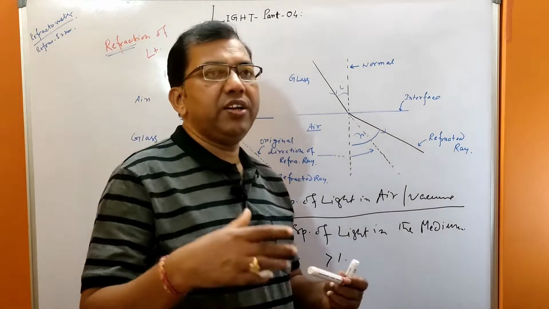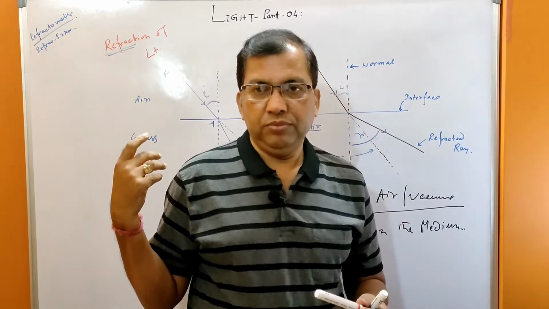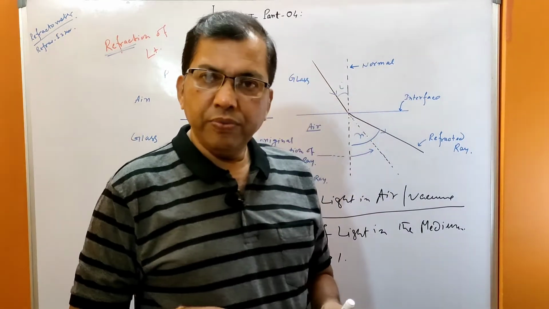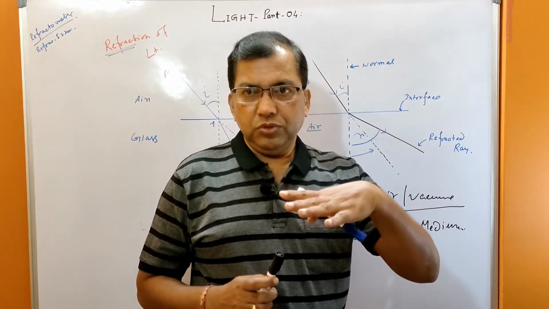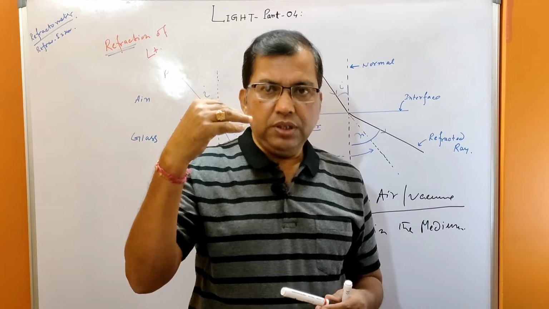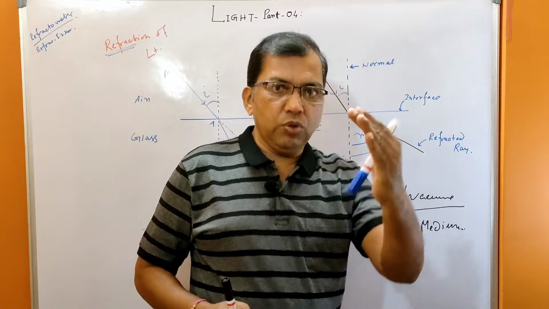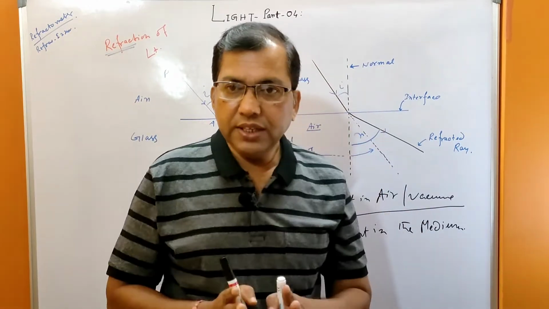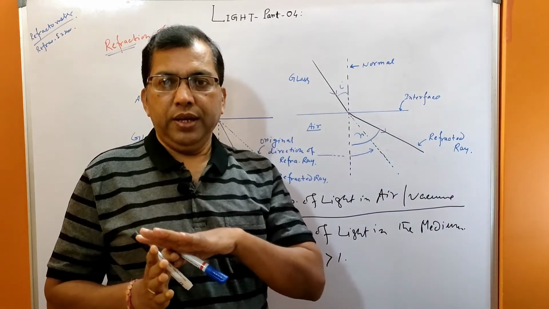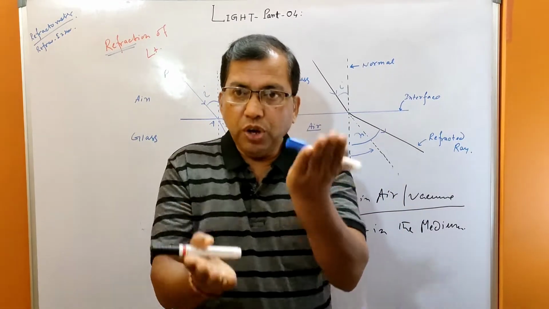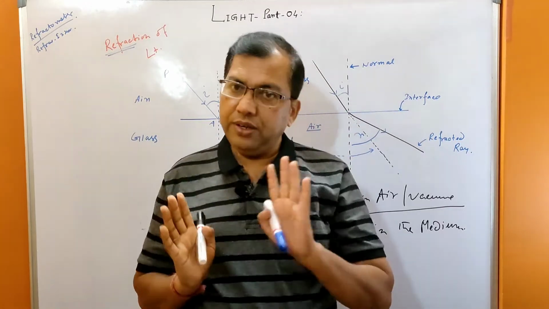But what is relative refractive index? Very important. One thing to remember, it is a ratio: the speed of light in medium 1, the first medium, to the speed of light in medium 2, the second medium. It is due to the difference of the speed of light in different media, so it may be less than 1.